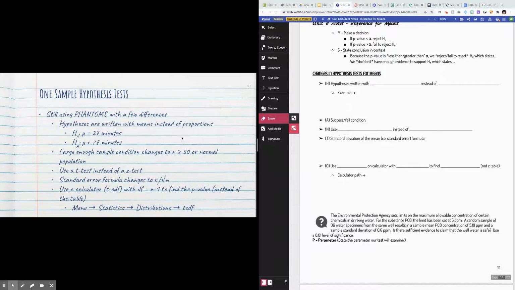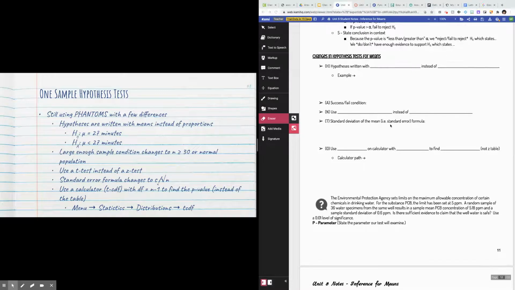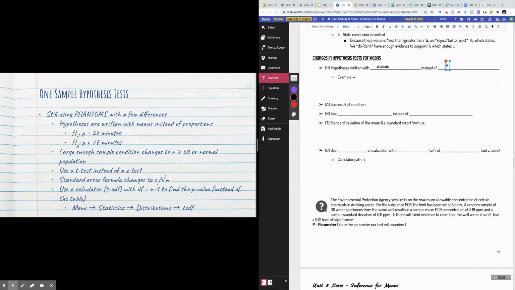Okay, so let's talk about the differences and the changes that you see when you're doing hypothesis tests for means versus proportions. Like I said at the beginning, you're still using your PHANTOMS procedure. There's just a couple of differences. The first, fairly obviously, is that hypotheses are written with means instead of proportions.